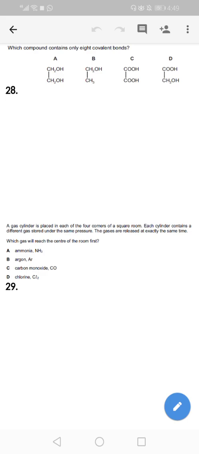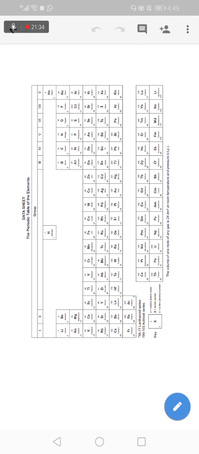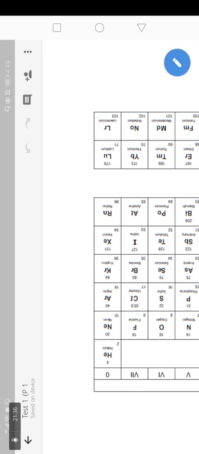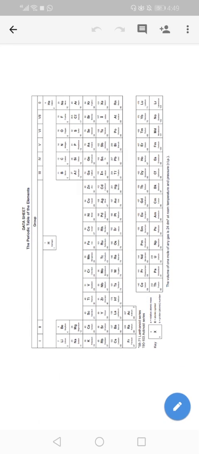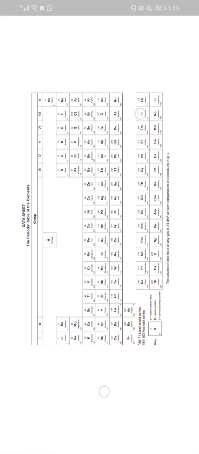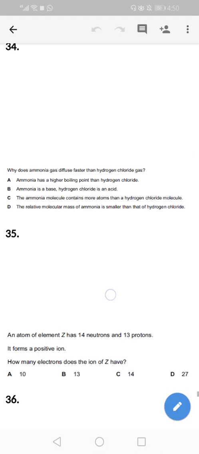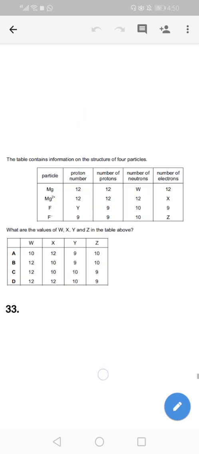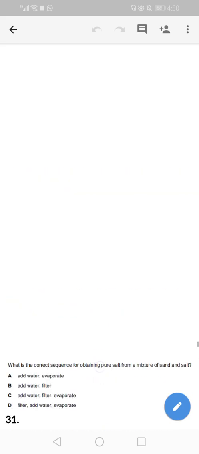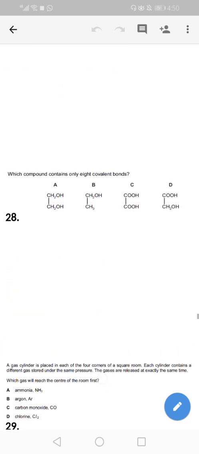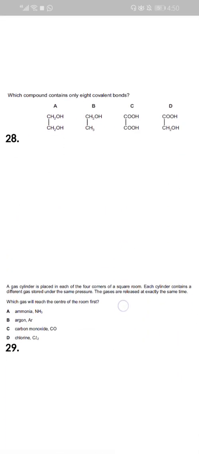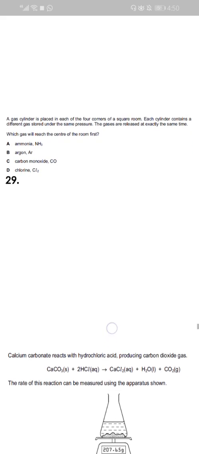In the case of argon, the mass is 40. So the right answer is ammonia, because it has molecular mass 17, which is very low. So it diffuses at a faster rate.